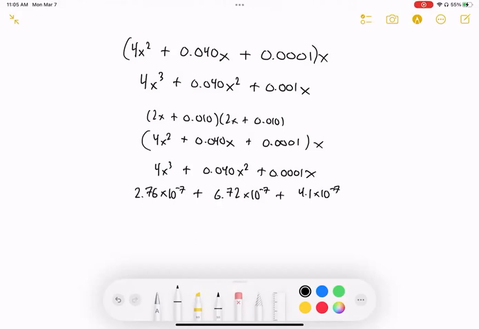So if we add those all together, we should get the same value.